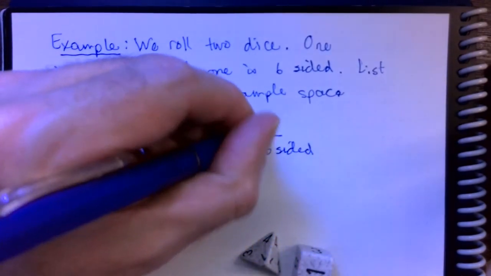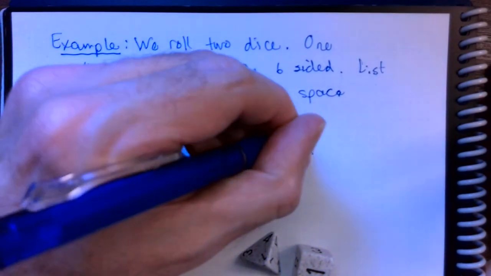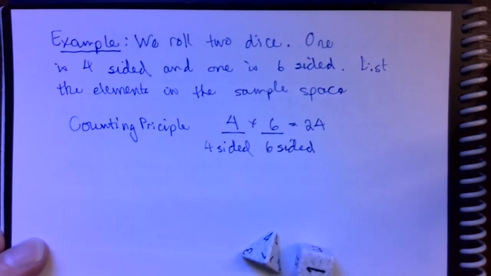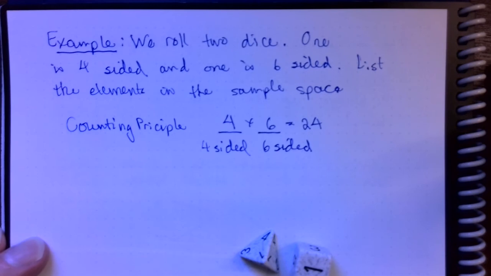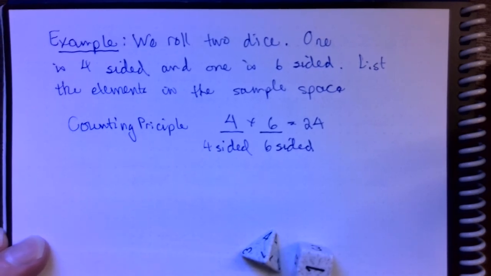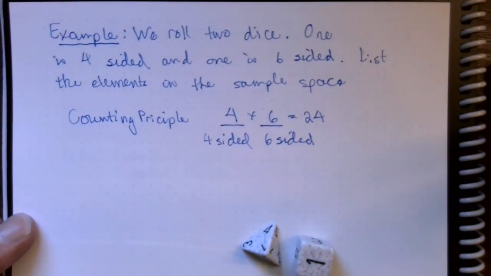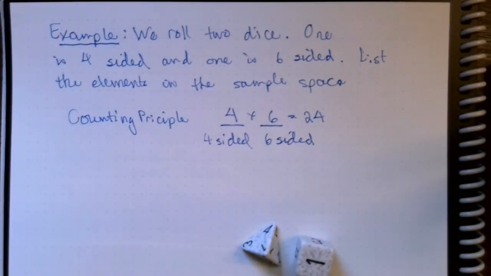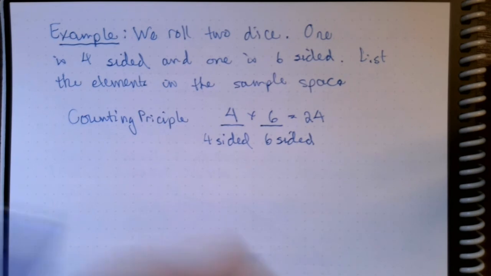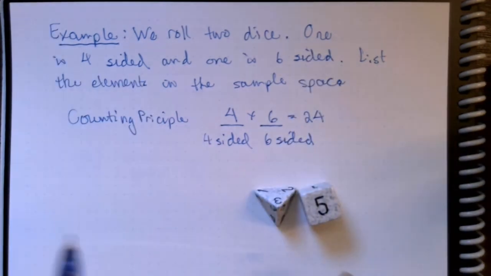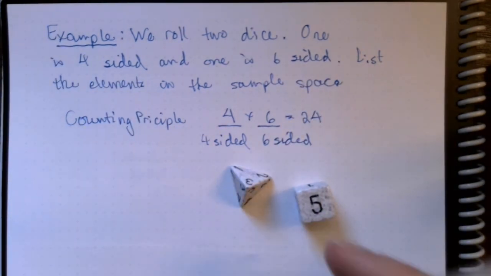And for my six-sided die, I'd have six ways. So we would have 24 possible outcomes for this experiment. Okay? And the outcomes would all have two parts. For me to tell you an outcome, I'd have to tell you what happened on the four-sided die, what happened on the six. So this one, a 3 and a 5.